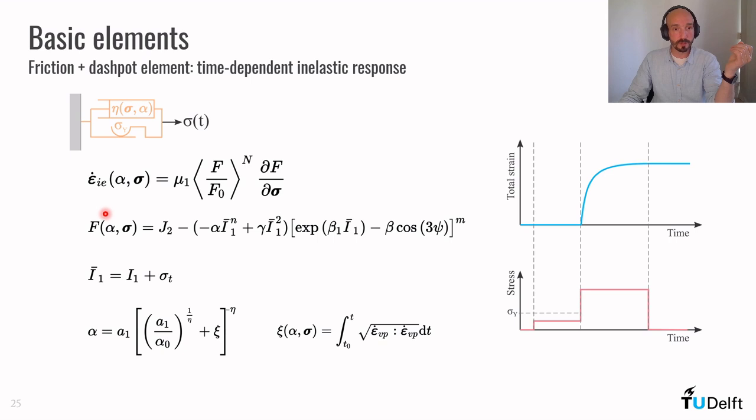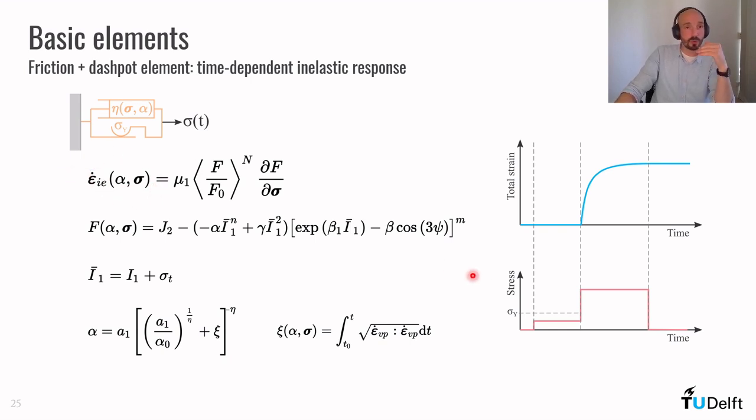If this value is positive, it means that we crossed the threshold. And the further we are from the threshold, the more positive this value will be, the larger this value will be, which means that the strain rate will be larger. Okay?